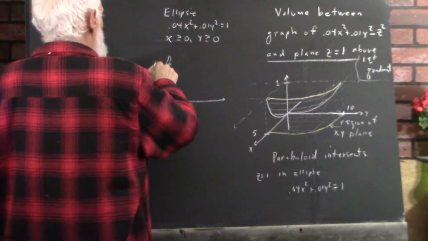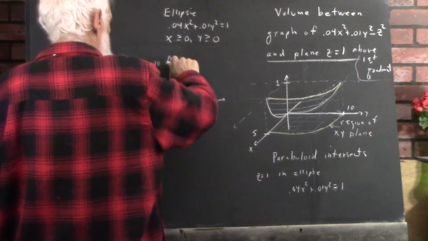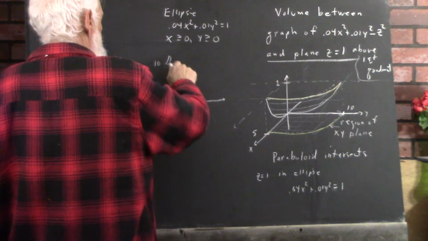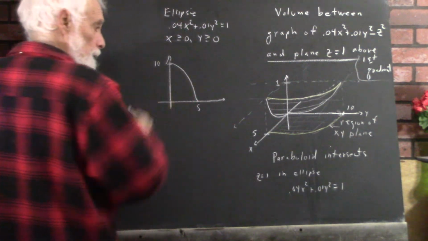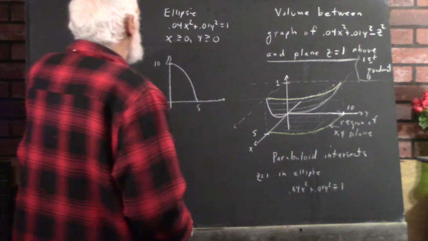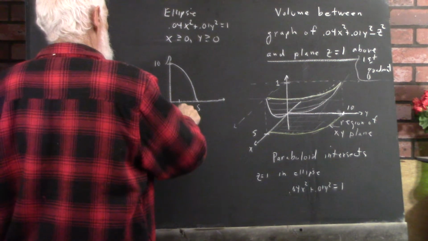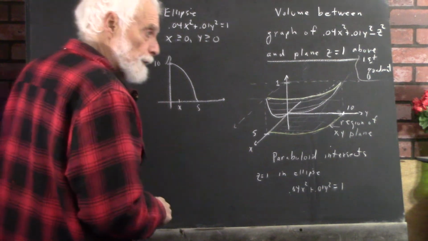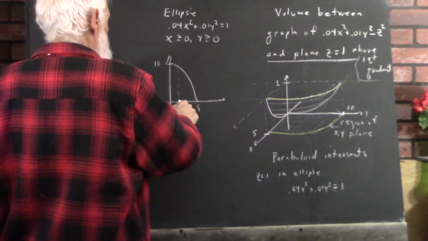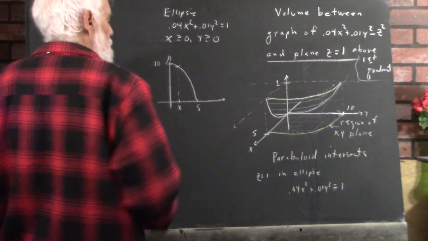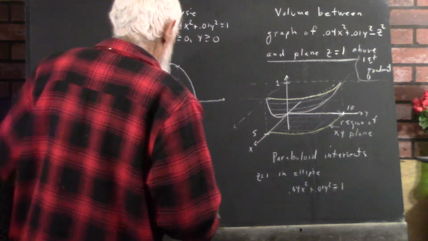Okay, well, the ellipse comes up to y-intercept of 10, x-intercept of 5. And not very well drawn, but there it is in the first quadrant. Given x, the y-coordinates run from 0 up to whatever the y-coordinate is on this ellipse. So we're going to set this up.